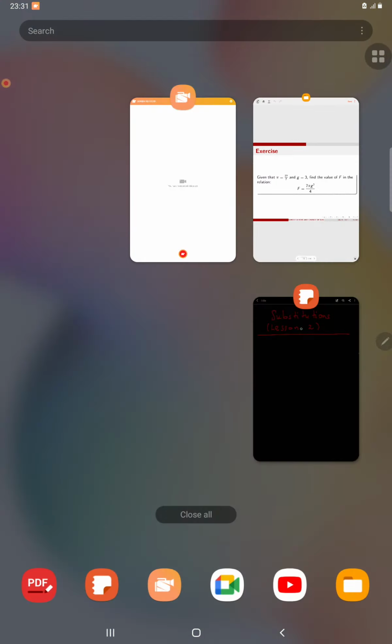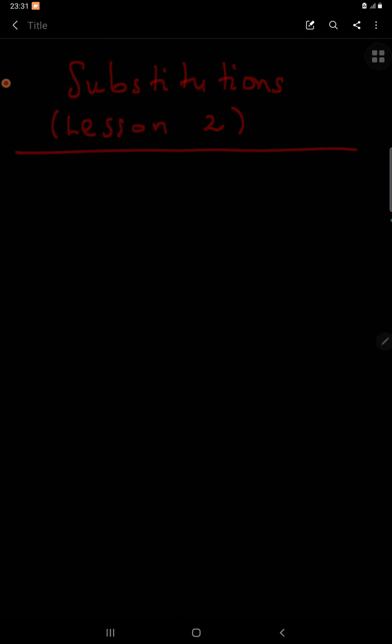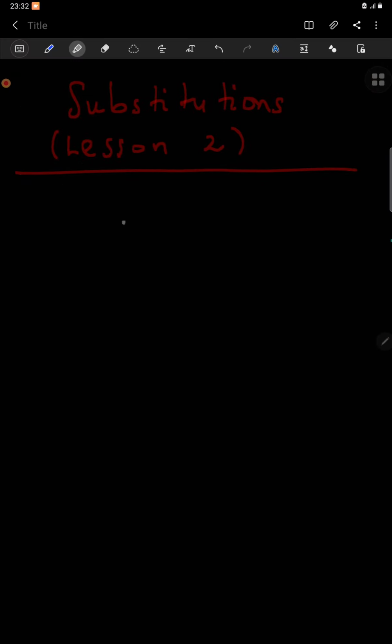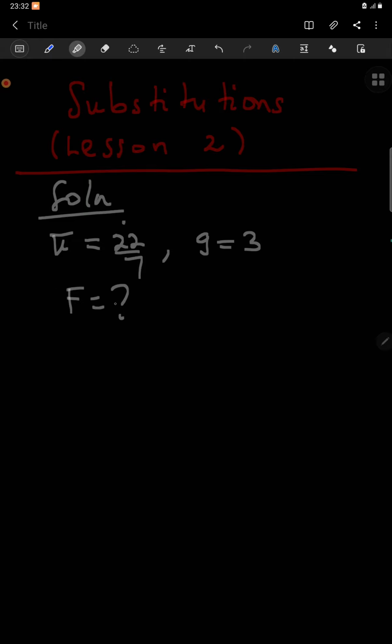All right, so back to my board. So solution. We are given pi as 22/7, g as 3, and we are told to find f when we are given f as 7 pi g squared over 4.